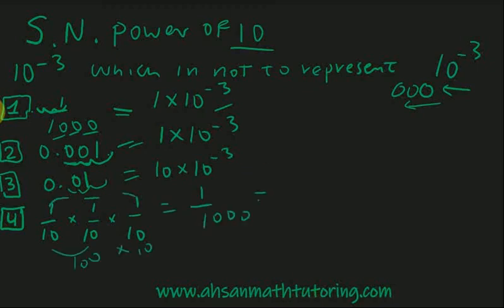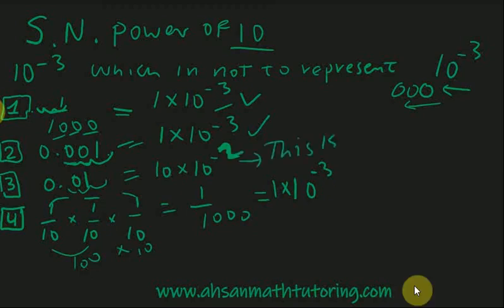Okay, so the last one, 1 times 1 times 1 is 1. 10 times 10 is 100. 100 times 10 is 1,000, right? 1 over 1,000, same as we have in the first one, right? So this is equal to 1 times 10 to the negative 3, right?